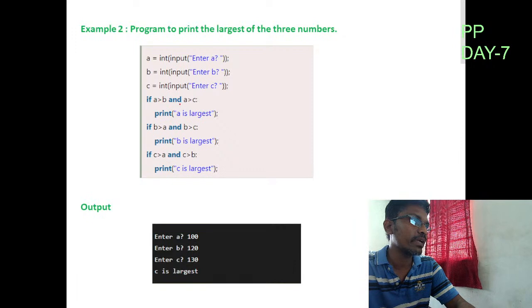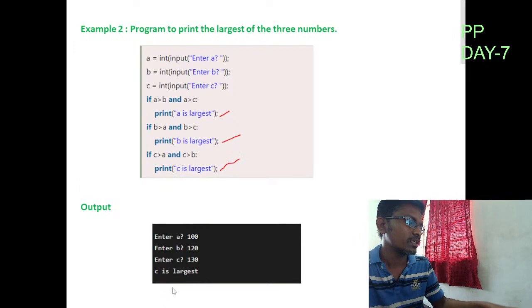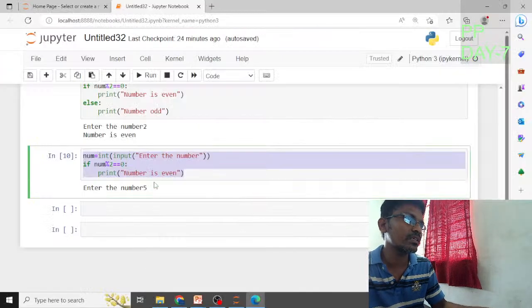If A greater than B and A greater than C, colon, it will print "A is the largest number". If B greater than A and B greater than C, colon, then it will print "B is the largest number". If C greater than A and C greater than B, colon, then it will print "C is the largest number". So let us execute this code in the Jupyter notebook.